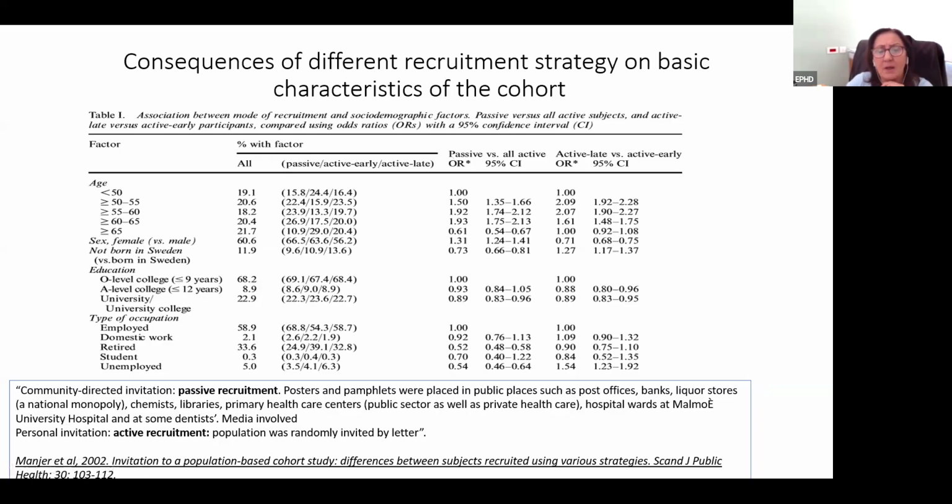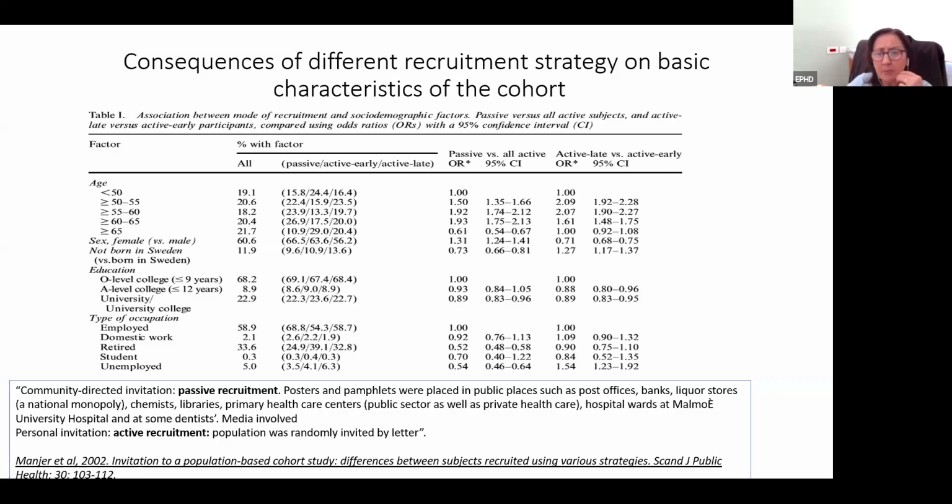So would anyone be ready to interpret this OR? The OR is the odds of participating, the odds of having that particular exposure among participants who were recruited in a passive manner compared to those who were recruited using all other active strategies.